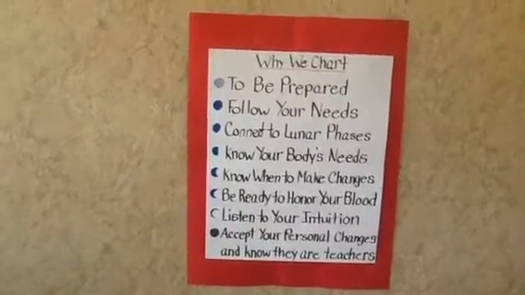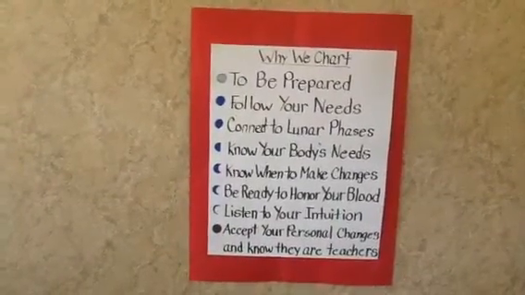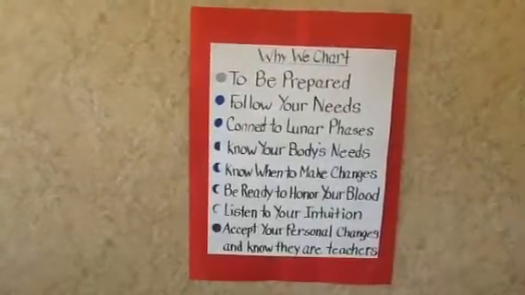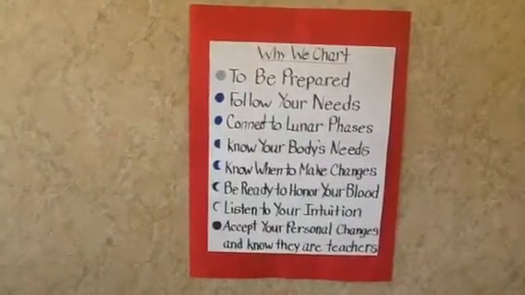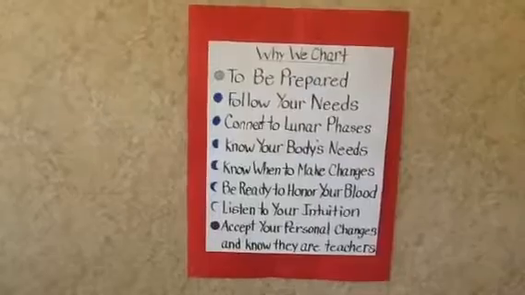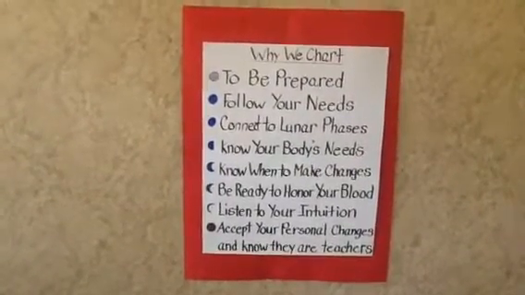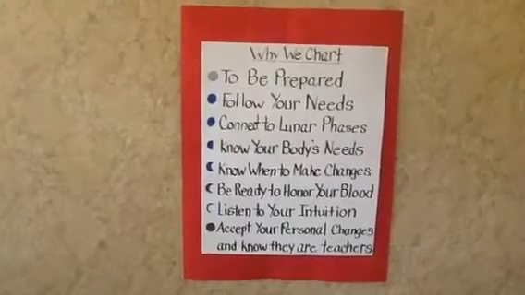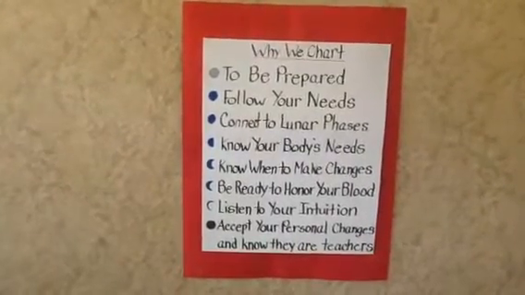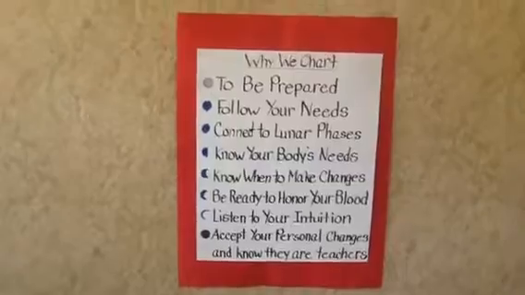And that helps you to be ready to honor your blood. It helps you to be ready to listen to your intuition as well, and accept your personal changes and know that they are your teachers. Keeping track of what happens to your body, mind, and soul during each month is why you chart.